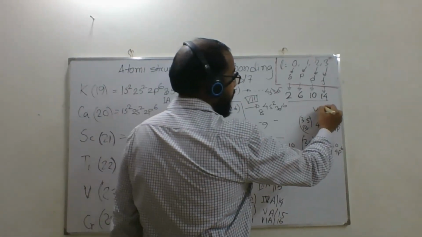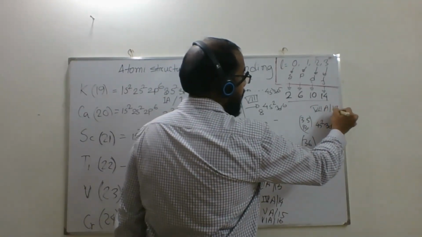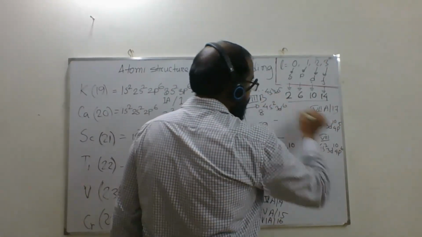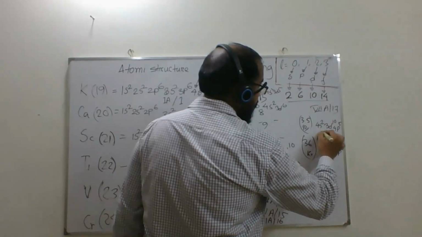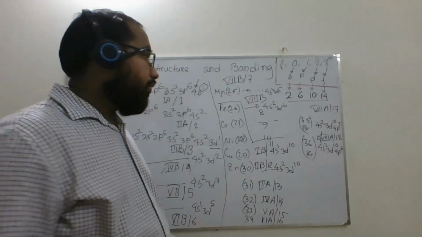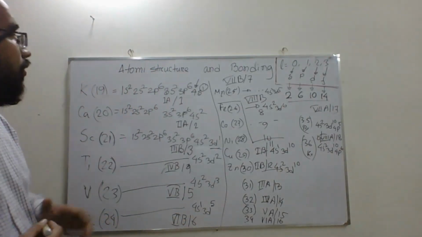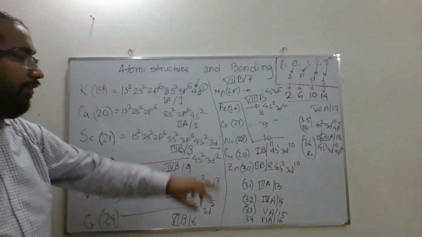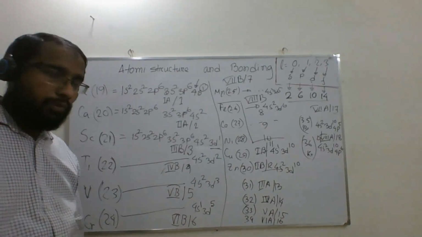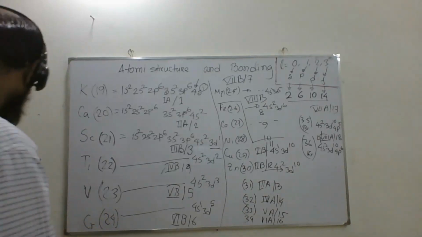This one is 7A or 17, and this one is 8A, or you can say 0, or group 18. So this is how we can determine the period and group of any element from the electronic configuration.